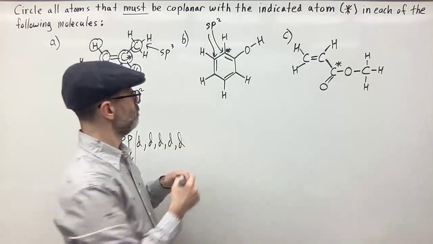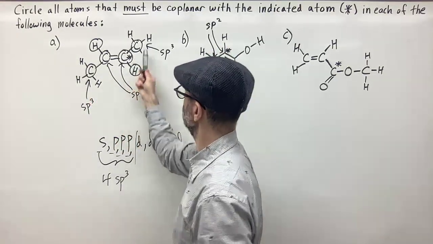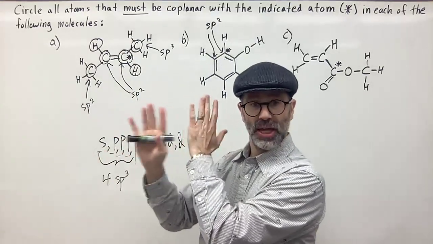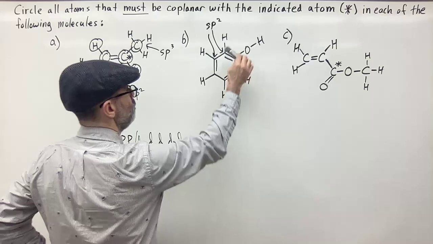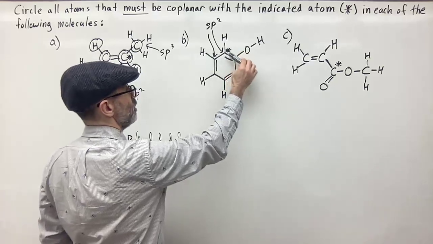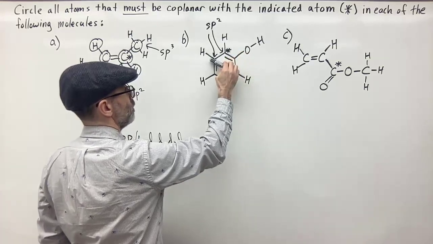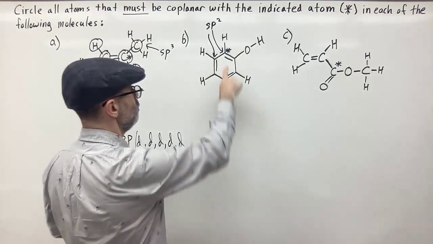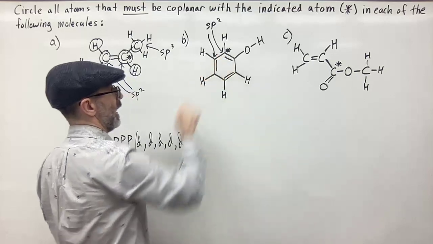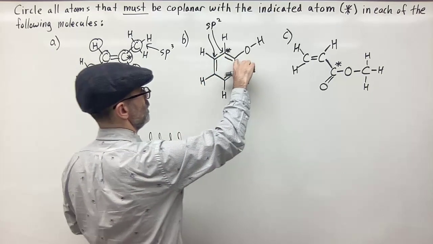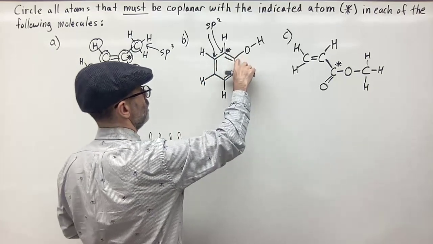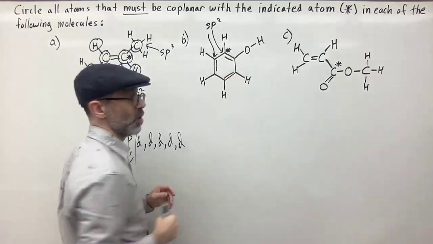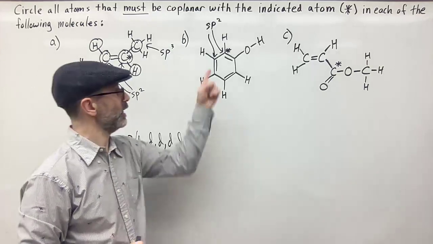So that means that, just like over here, this was sp2 hybridized, so it was trigonal planar, meaning they're in the same plane. So this carbon and this carbon and this hydrogen must be in the same plane as this carbon with the asterisk. And if we go to this carbon here, this carbon and this carbon and this oxygen must also be in the same plane, and they're connected together.